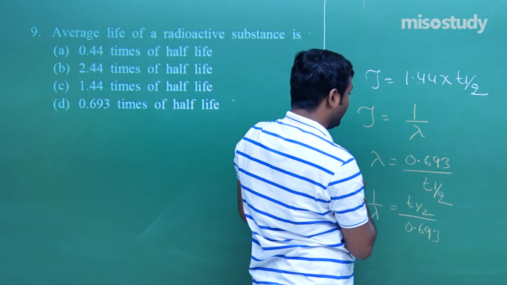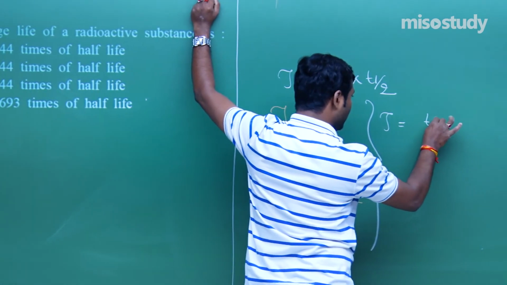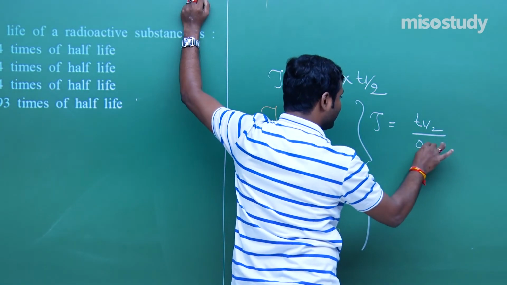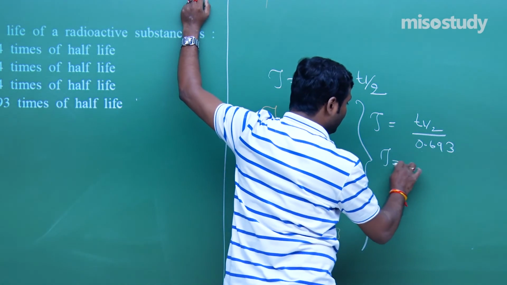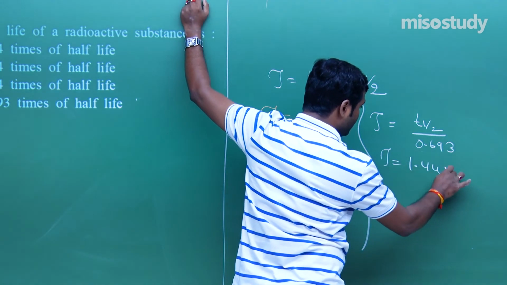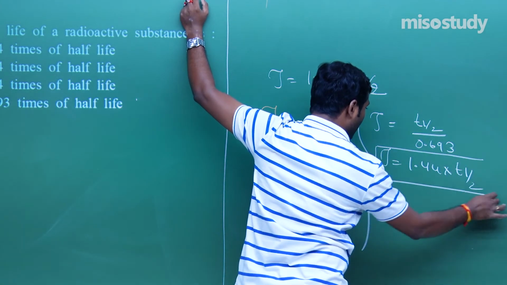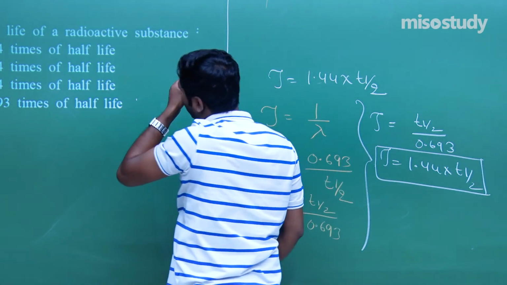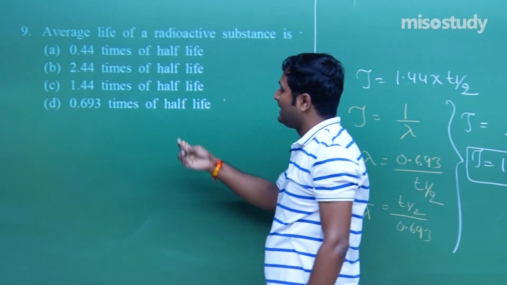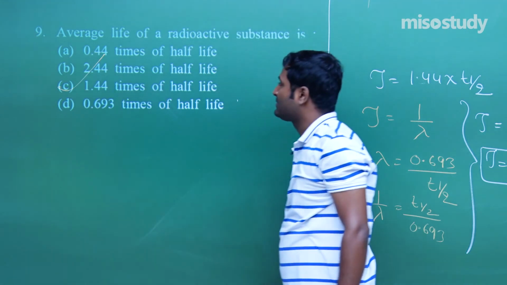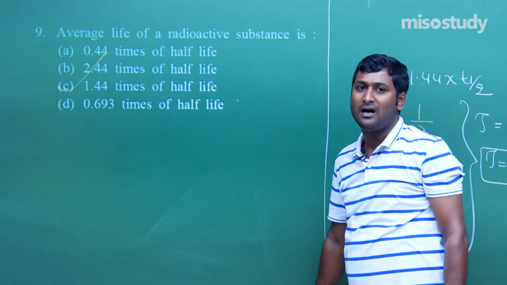So we will say that tau, the average life, is equal to T half upon 0.693, which is 1.44 into T half. This is the relation of average life with half life. So the average life of a radioactive substance is 1.44 times its half life. For question number 9, C is the correct option.